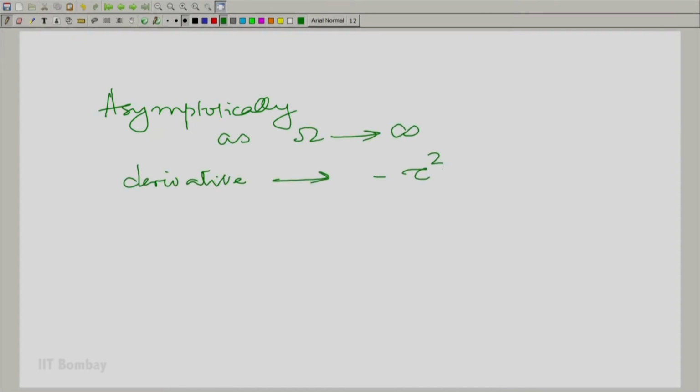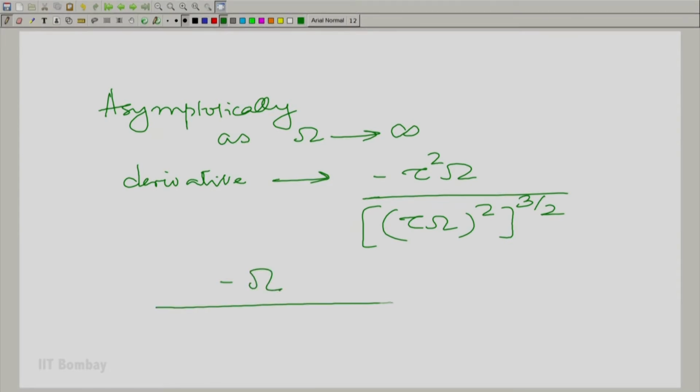So, asymptotically what happens? The derivative goes like this. So, essentially we are talking about a variation as 1 by omega squared, because you have an omega in the numerator and omega squared to the power 3 by 2, so omega cubed, in the denominator.